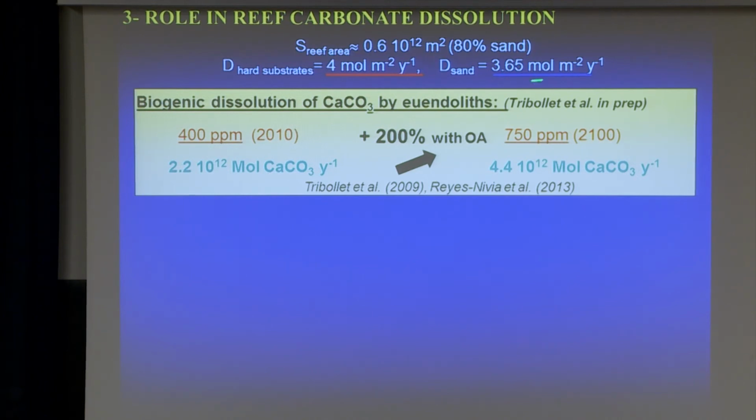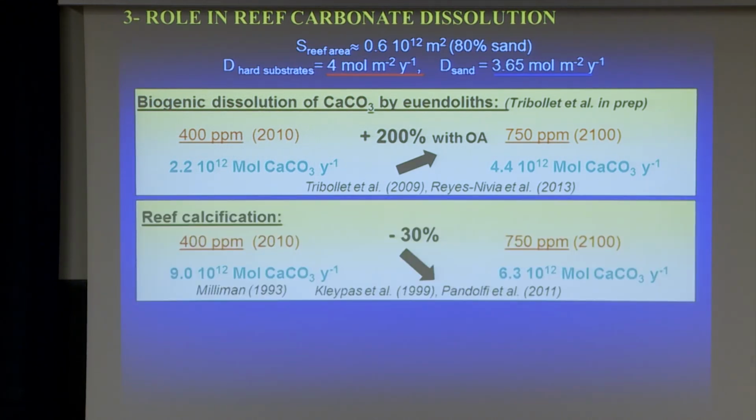So if I apply the number found for sand in terms of carbonate dissolution due to euendoliths to that percentage, and this number to what's remaining, the hard substrates, we estimate that biogenic dissolution of carbonates by euendoliths today at ambient pCO2 is about 2.2 × 10^12 mole per year. And I just showed you the positive effect of ocean acidification on this process using total alkalinity, but two previous studies also showed the same based on microscopy measurements, and therefore we estimate by the end of the century this could double.